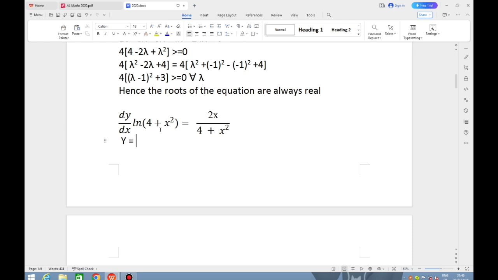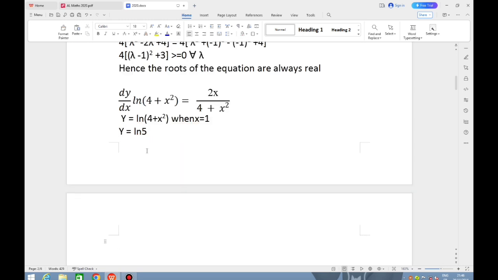So y is equal to ln(4 plus x squared). When x is equal to 1, substituting 1 here is simply going to be ln(4 plus 1), which is equal to ln 5. So y is equal to ln 5. Now the point is simply x is 1 and y is ln 5.